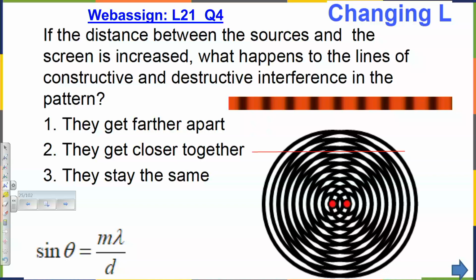We only have three options: nothing, or they move away from each other. We say the pattern expands. Or they move toward each other. We say the pattern shrinks. And you actually kind of saw it when I was moving back and forth.